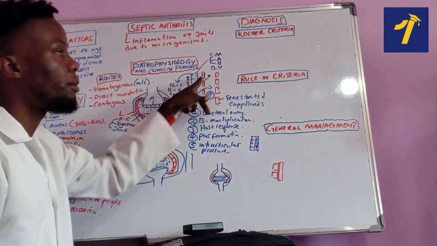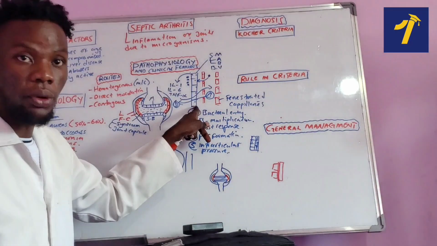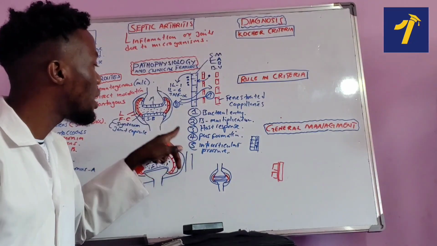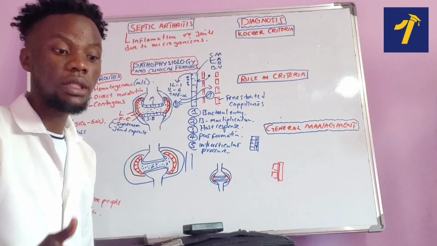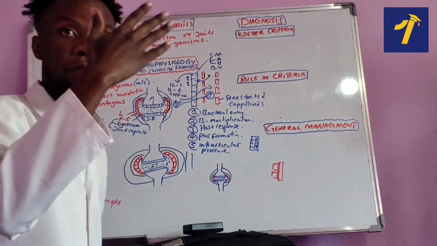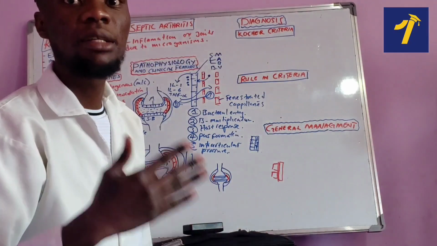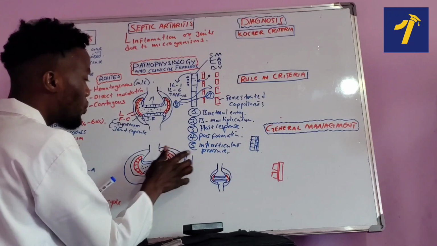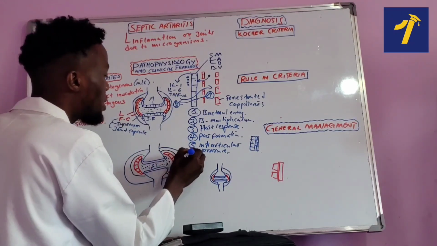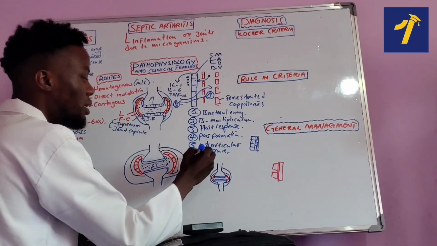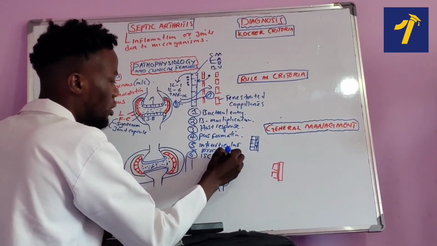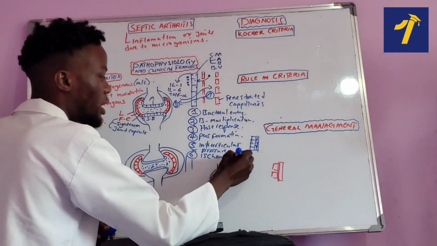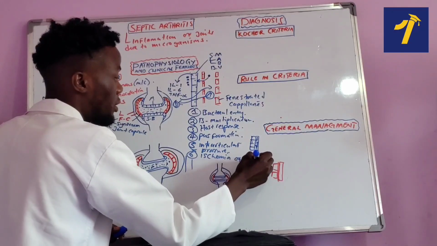So the increase in intra-articular pressure will cause compression against the important blood vessels. So what we are simply saying is that number 6 is ischemia. Ischemia of tissues will result.